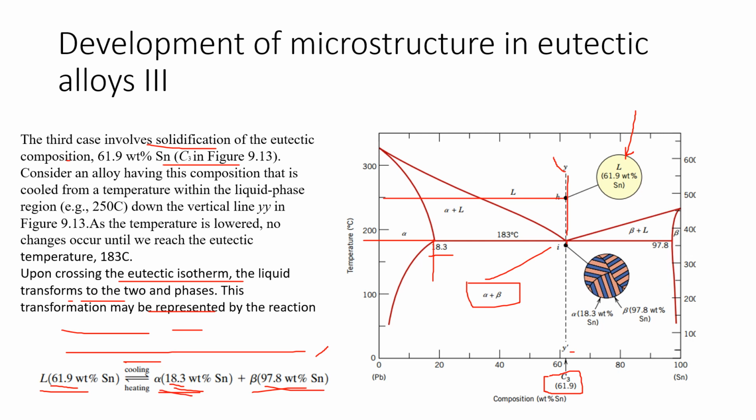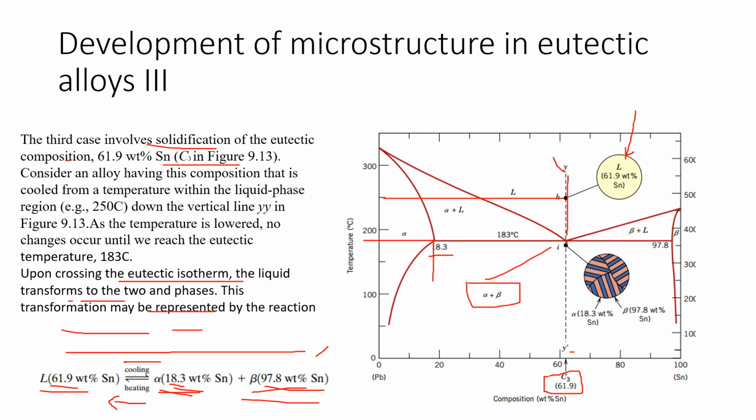In the reverse reaction, if both alpha and beta particles are heated, upon heating they are again transformed into the liquid phase with 61.9% by weight. In this reaction, the alpha and beta phase compositions are dictated by the eutectic isotherm endpoints.